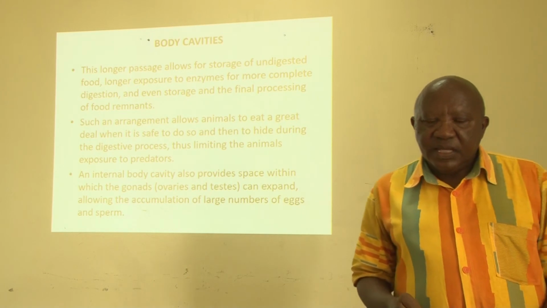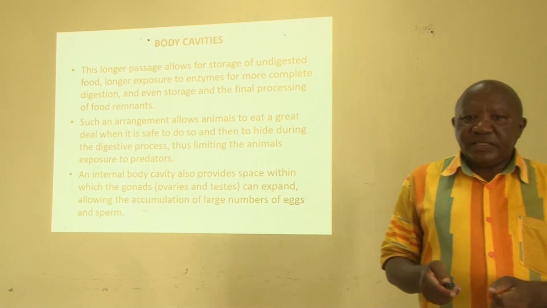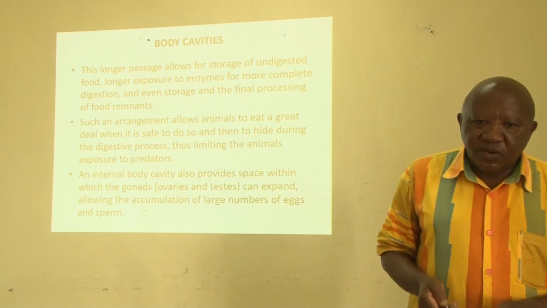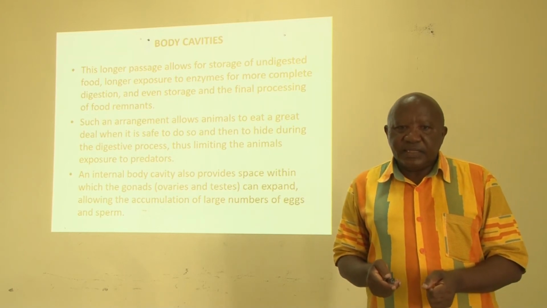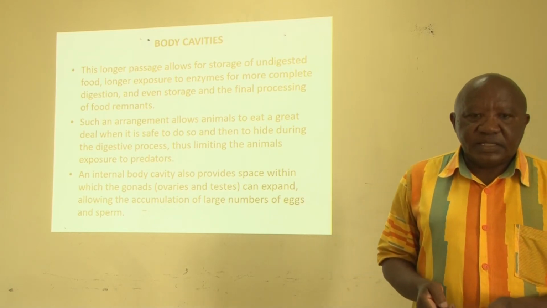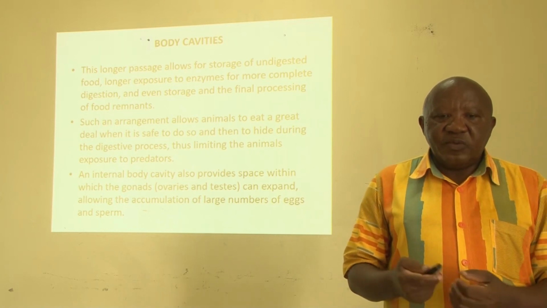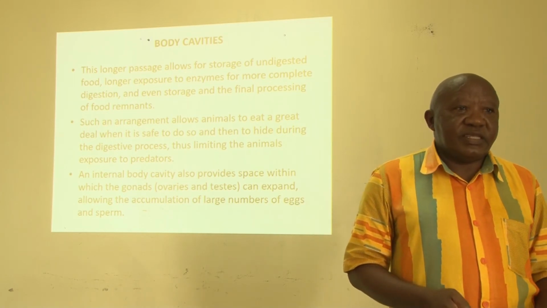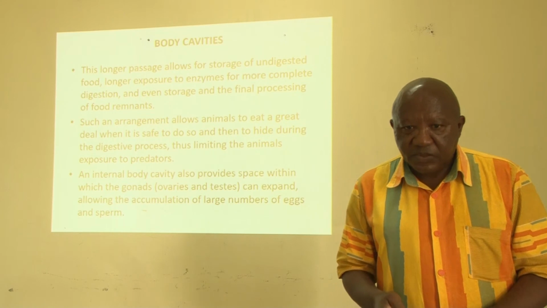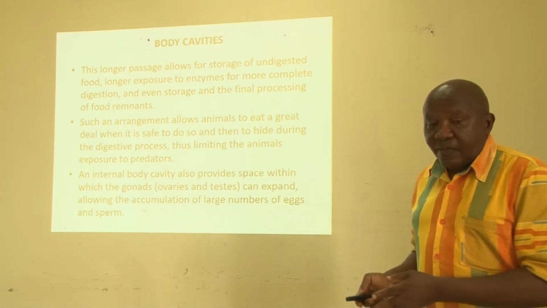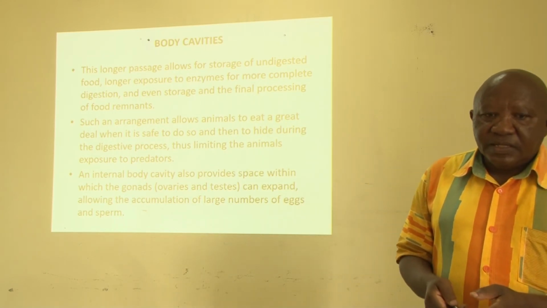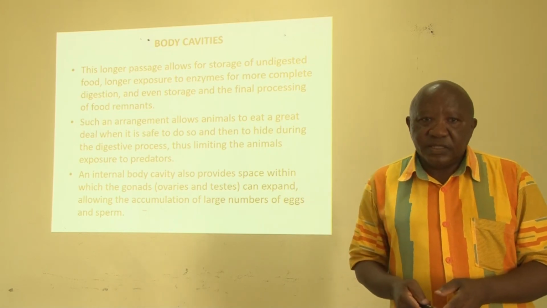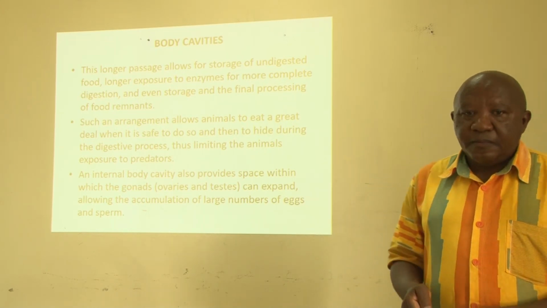An internal body cavity also provides space within which the gonads, ovaries, and testes can expand, allowing the accumulation of large numbers of eggs and sperm. So you can see how this body cavity is very important to the life of animals.